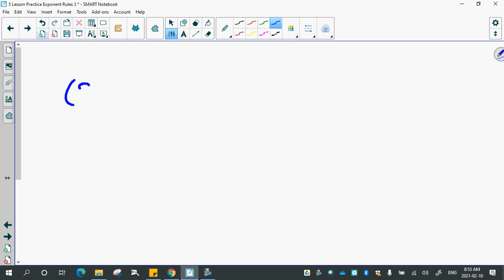All right, here's one. 2x squared y cubed to the 4th.